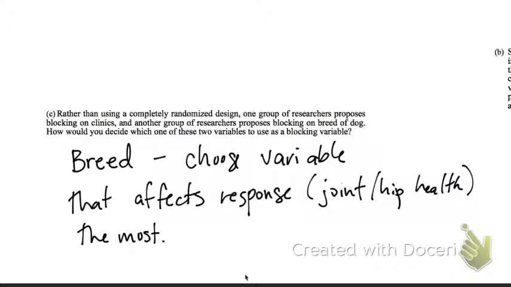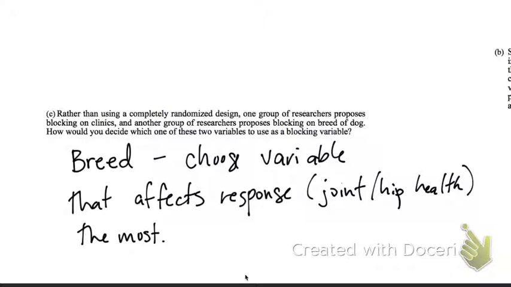So the size of the dog and the breed are going to affect your joint and hip health, not the clinic, because clinics see all different types of breeds and all different types of joint and hip health problems. It's more heterogeneous, whereas a breed is more homogeneous in terms of their health.